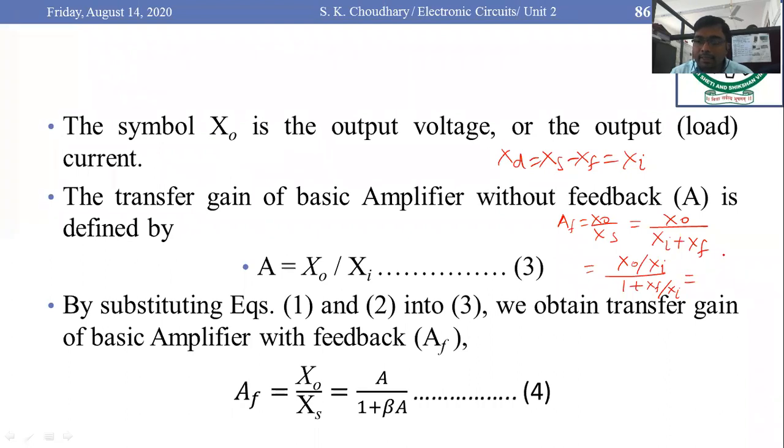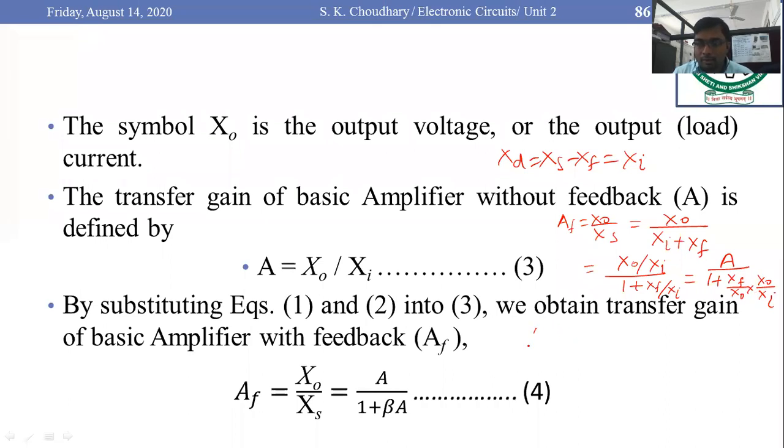X naught upon Xi is A, and Xf upon Xi has no direct relationship, so we have to either add or omit a certain term. Here we multiply the denominator term Xf upon Xi by X naught in the numerator and denominator.